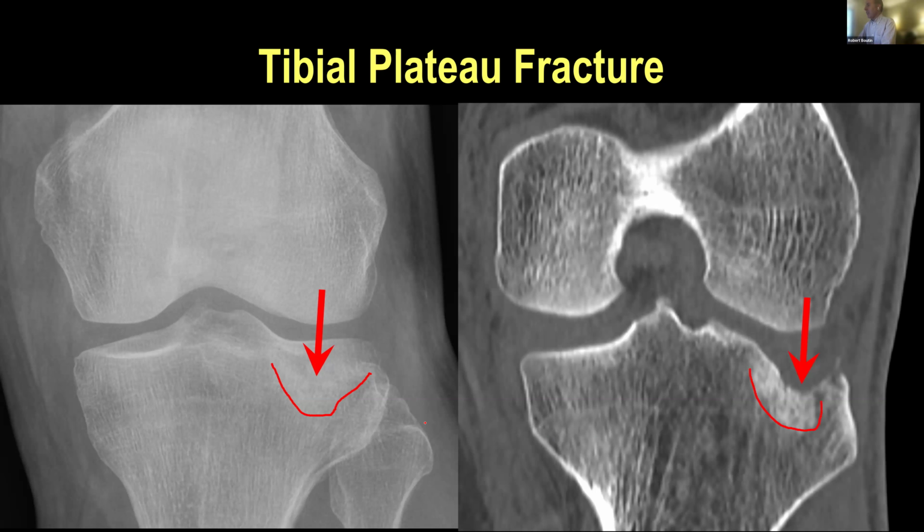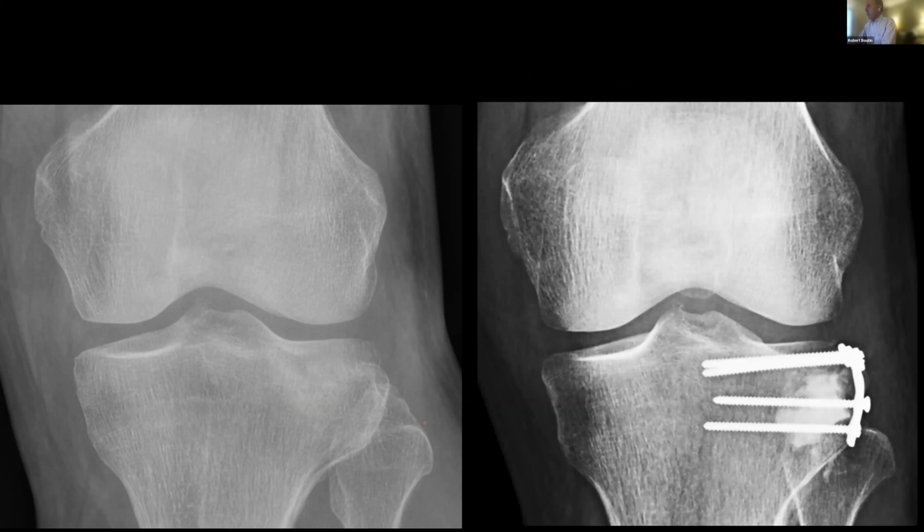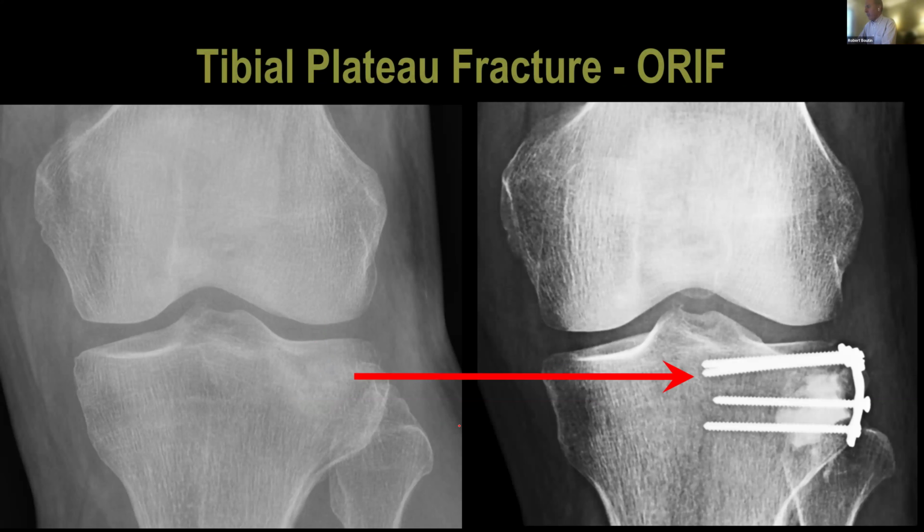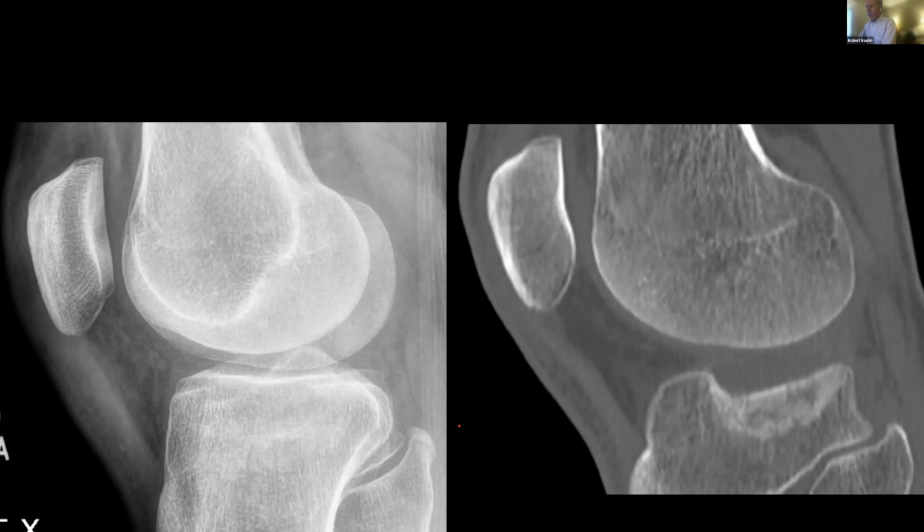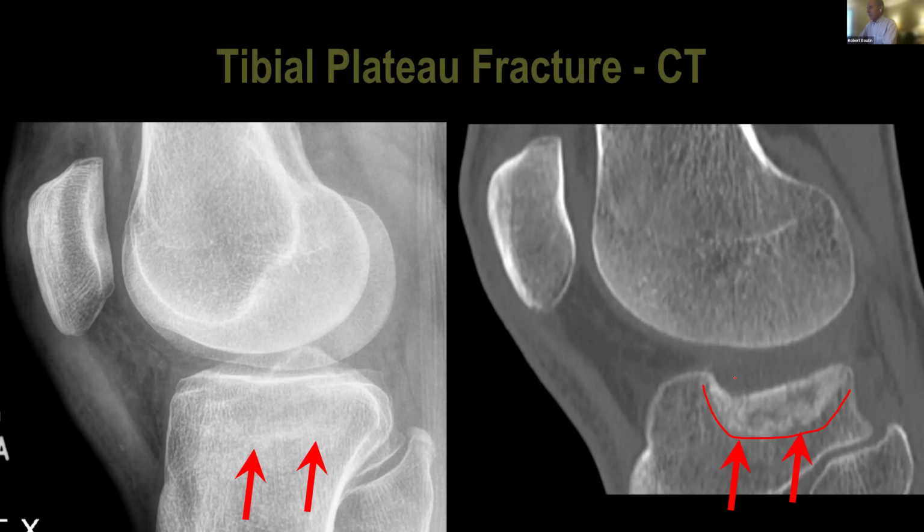It can be, if you're in a hurry and it's more available, a CT, of course, and that will often suffice for getting the patient to the OR for an ORIF. Here just showing that patient again, lateral view, it's really tough to see, but here is the depressed fracture.